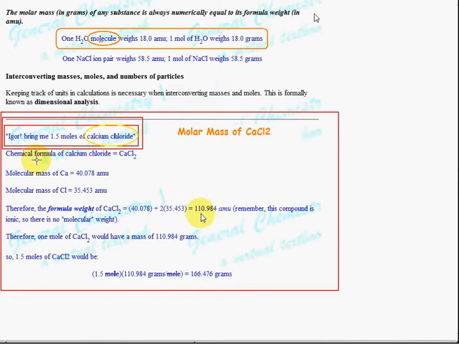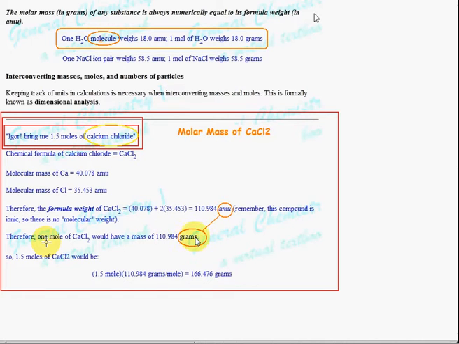Then, just like the example above, we do a direct conversion. We have 110.984 atomic mass units, therefore 1 mole of CaCl2 would have a mass of 110.984, but now we convert it to grams. We convert the atomic mass units to grams for 1 mole.